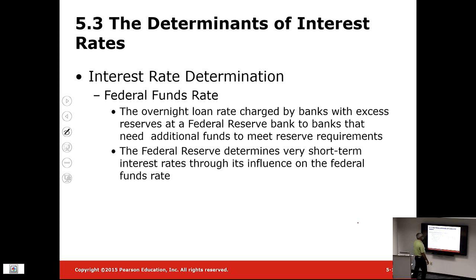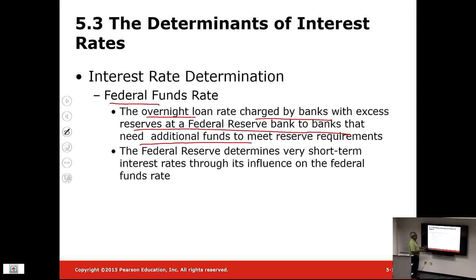I talked a little bit about this. The interest rate is determined by the federal funds rate, which is an overnight loan that is charged by banks with excess reserves at the Federal Reserve Bank to banks that need additional funds. At the end of each day in the banking market, some banks will have more deposits than liabilities, and some banks will have less deposits than liabilities.